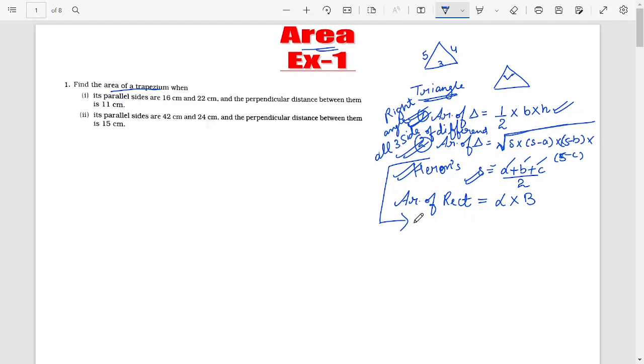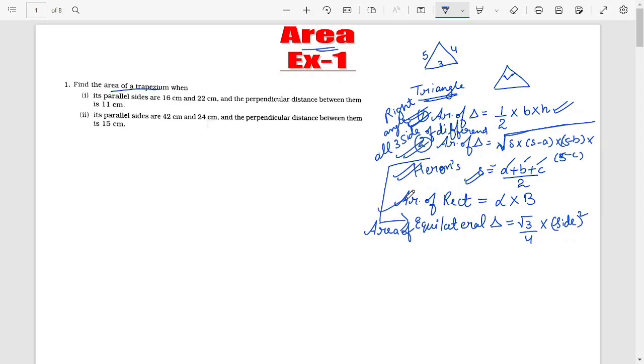If the triangle is an equilateral triangle, then how will we find the area? The formula to find the area of an equilateral triangle is root 3 upon 4 multiplied by the side of the equilateral triangle squared. So three types of triangle formulas I told you. These three formulas you have to remember.